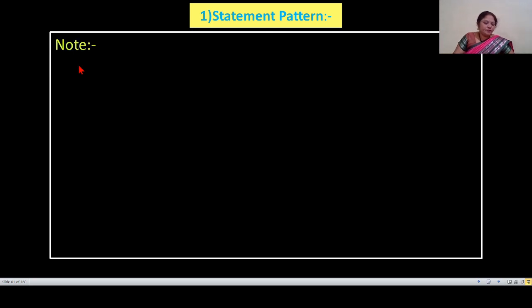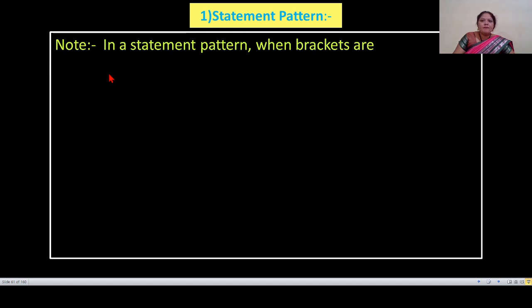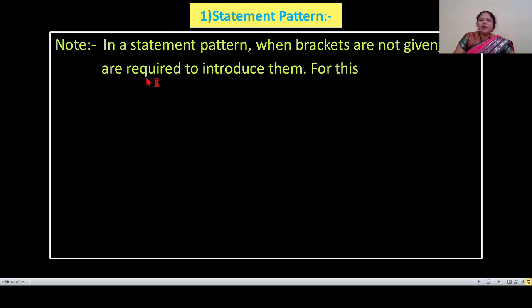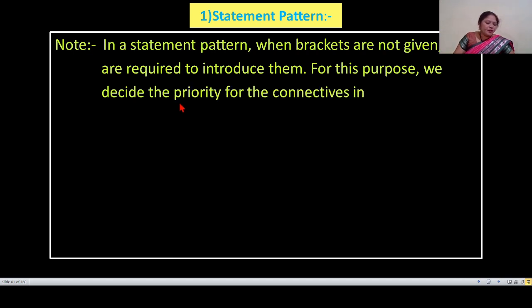Next note. In a statement pattern, when brackets are not given, we are required to introduce them. For this purpose, we decide the priority for the connectives in the following order.